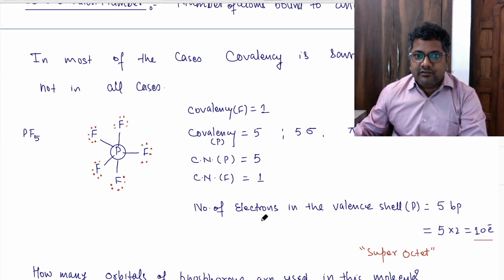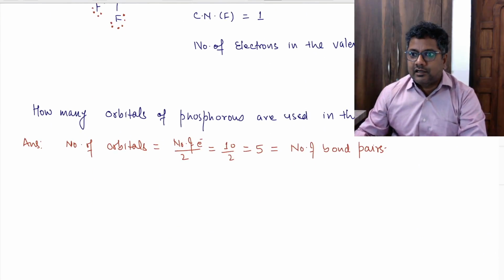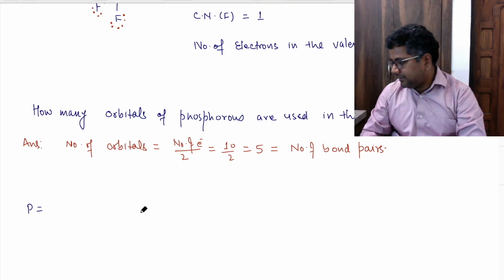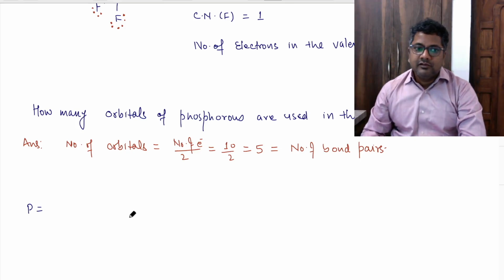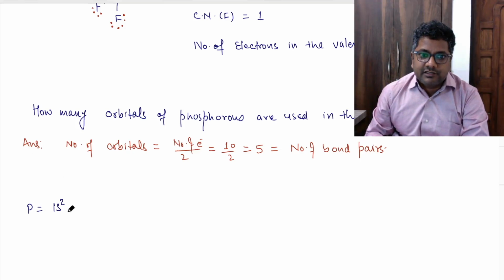Now let's see which 5 different orbitals of phosphorus are involved here in this molecule. So again you have to go to the electronic configuration: 1s2, 2s2, 2p6, 3s2, 3p3, right?